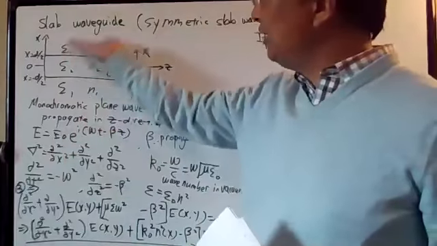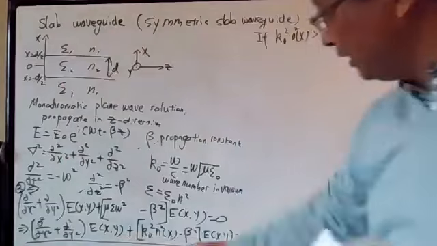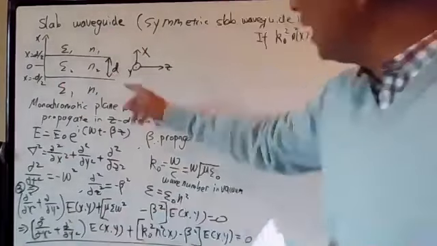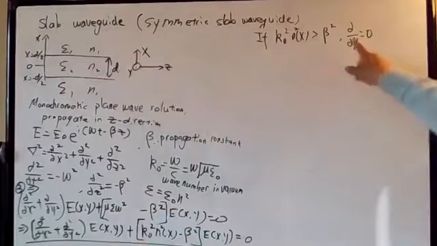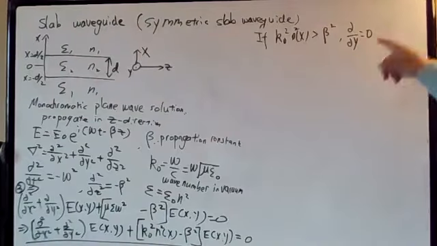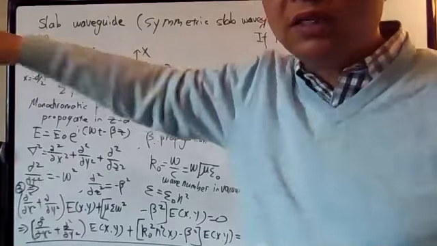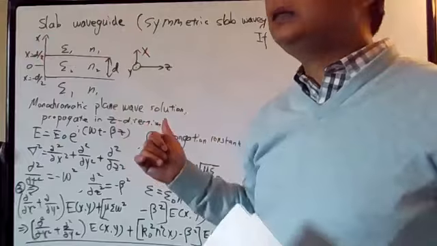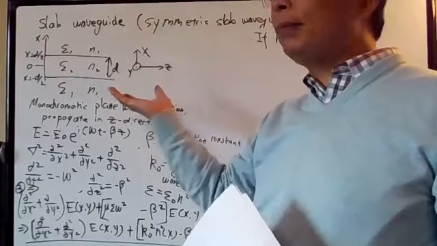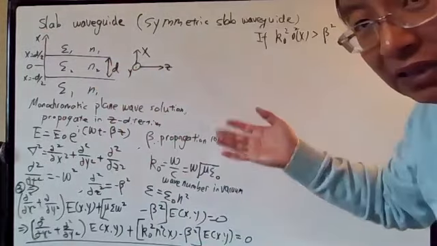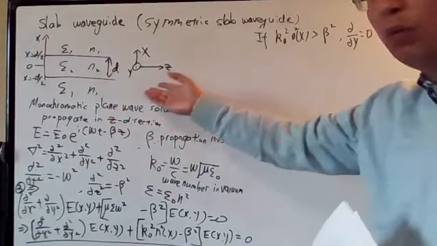Because my index is different, right? Index is different. But in this equation, partial y is infinite. So let's assume this partial y will be 0, right? Because the problem tells us that there is no change in y direction.